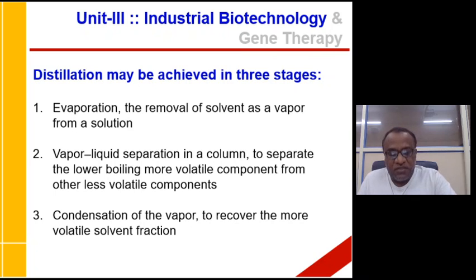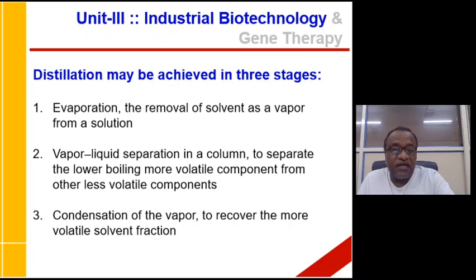And we know that distillation is the step in the solvent recovery. And distillation may be achieved in three stages. Number one, evaporation, that is removal of solvent as a vapor from a solution, which is the most common or often used method. Number two, vapor liquid separation in a column, so as to separate the lower boiling point, more volatile component from other less volatile components.